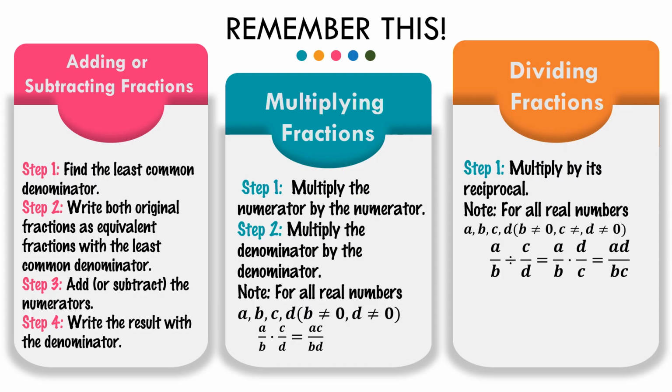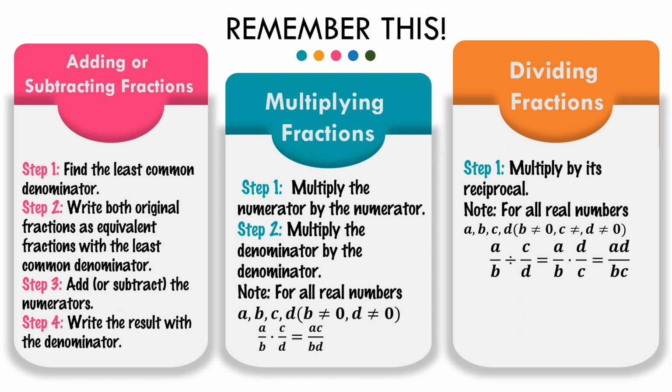Okay, reminders on the steps in adding or subtracting fractions. First, we have to find the least common denominator. This is true if the fractions we are going to add or subtract have different denominators, or what we call dissimilar fractions. After that, we write both as equivalent fractions with the least common denominator.